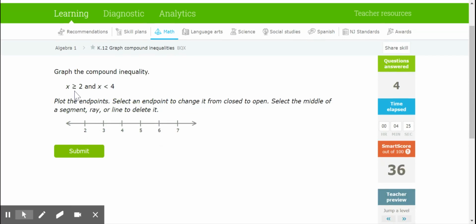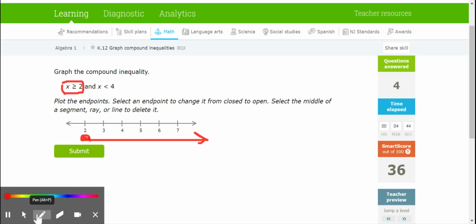Okay, here is another way of writing something similar. I'm going to just draw this underneath for a second. So here we have x is greater than or equal to 2, so that would be a closed circle at 2, and a line extending to the right. Okay, we will go with blue here.